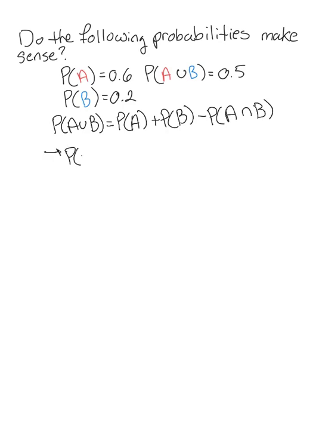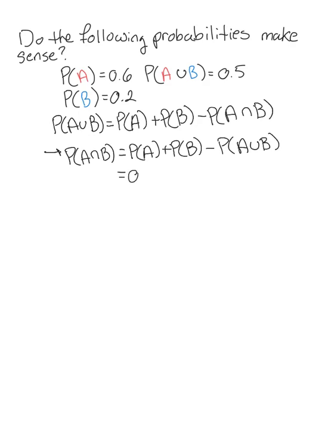Probability of A intersect B equals the probability of A plus the probability of B, subtract the probability of A union B. Putting in the information we were given, we have 0.6 plus 0.2, subtract 0.5 to give us 0.3.